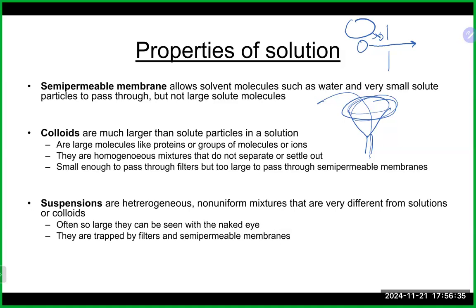It's big enough, and that would be a suspension. They are trapped by both filters and membranes. If you took that sandy water and put it through a filter, your sand is not going to go through the filter paper. It's going to get stuck on it, and it definitely wouldn't be able to go through any type of membrane.